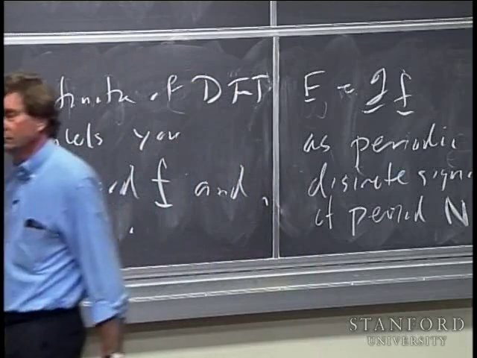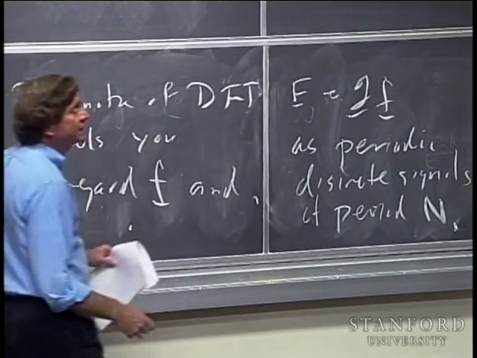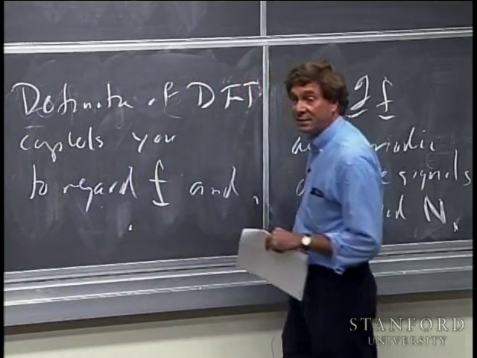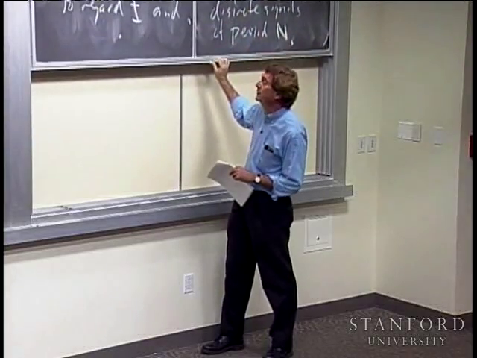All right? That is so because the vector exponential itself turns out to be naturally a discrete periodic signal of period n.